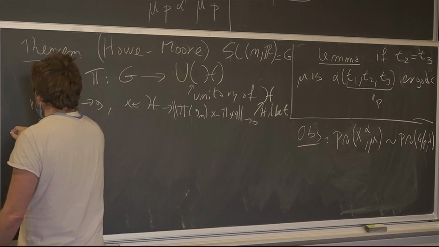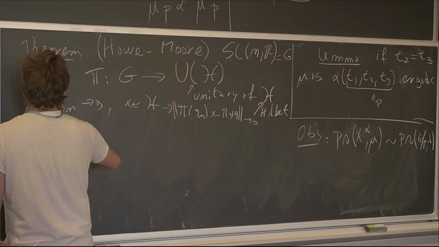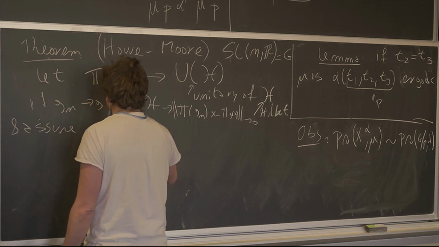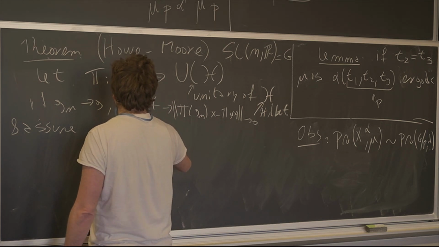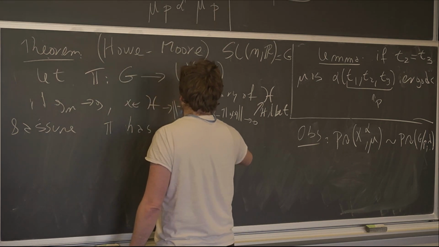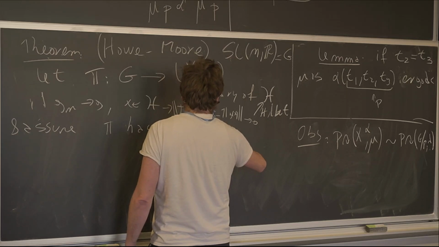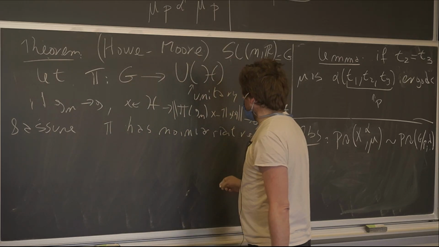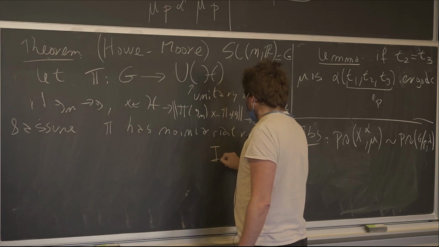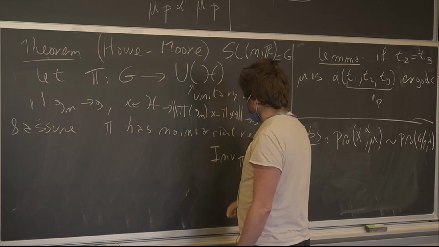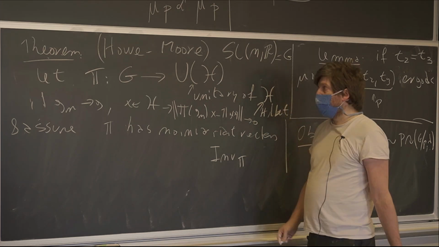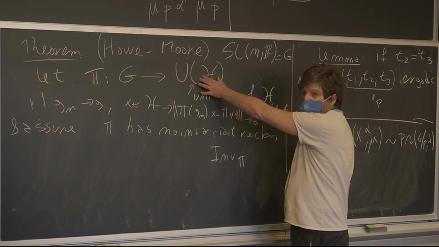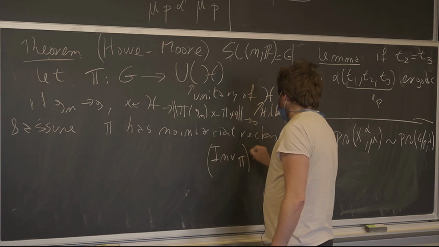And assume pi has no invariant vectors. Again, this is very easy to achieve because you take the set of invariant vectors of pi, which is a closed subspace of H, and then you take the perpendicular of this.